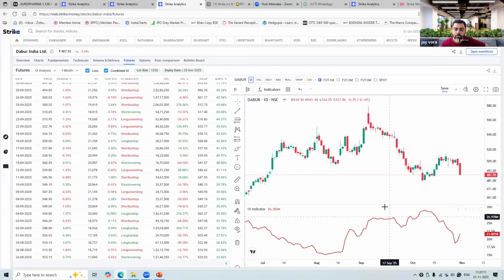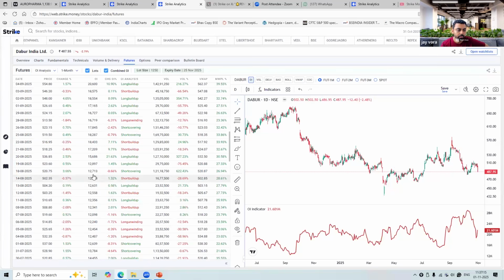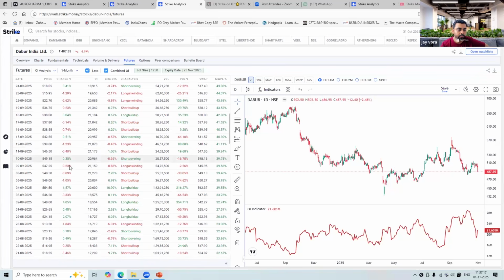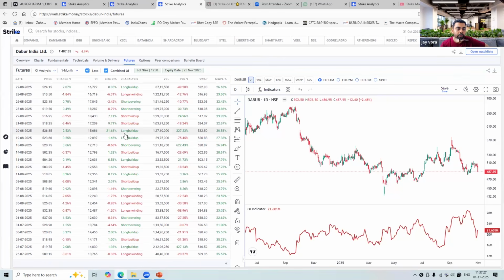Yeah. So over here, 6th of August. So see, you can see over here, there is this 121% long build up, but again, it has resulted in the next 2 days of shorting as well. So most of the activity has happened over here, right? This is what the data tells us.